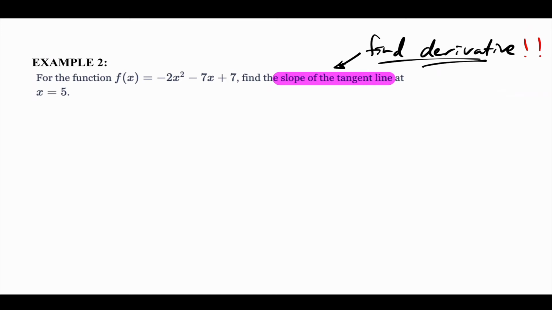Okay, so to find f prime, we're going to use the definition. The limit as h approaches 0, h goes on the bottom. H always goes on the bottom. So how do I do the f of x plus h part again? What did I do last time? X plus h?